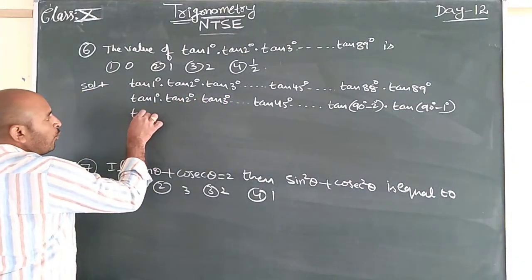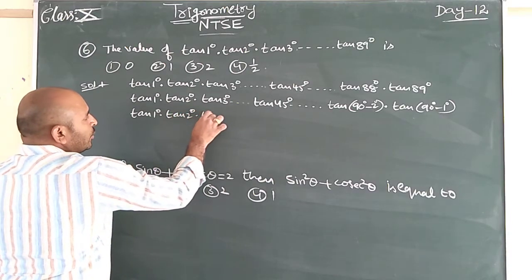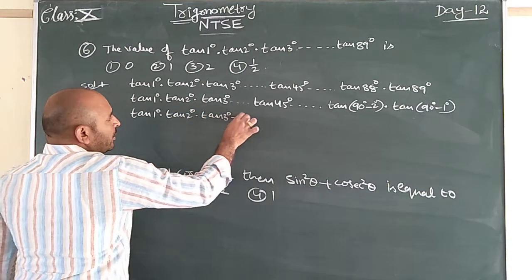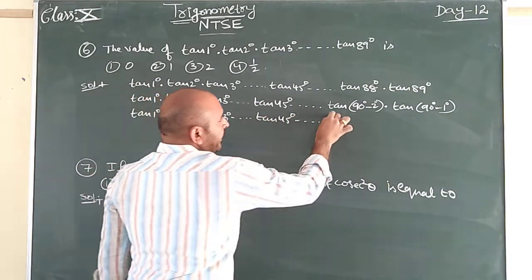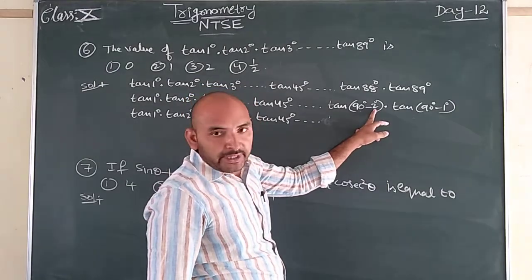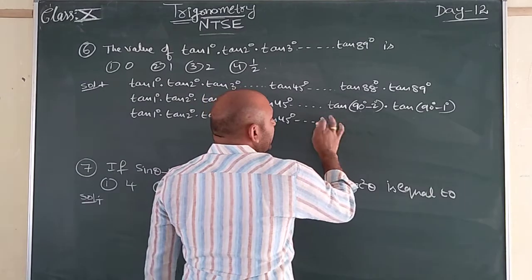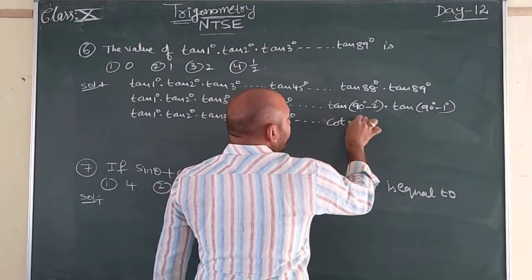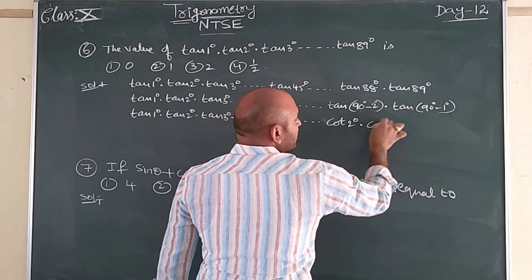Observe, tan of 90 minus theta means complementary angles. Whenever 90 degrees is given, tan changes to cot.